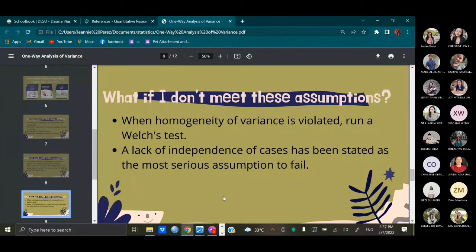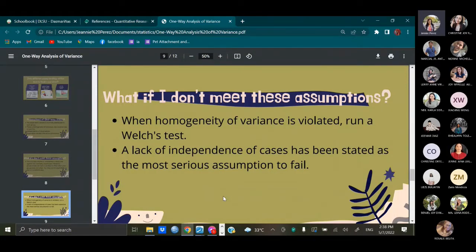And when homogeneity of variance, which is an assumption for one-way ANOVA, is violated, one solution would be to run a Welch test. And a lack of independence of cases, ito yung isang assumption that observations should be independent.